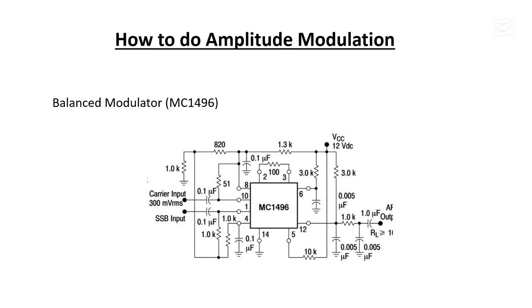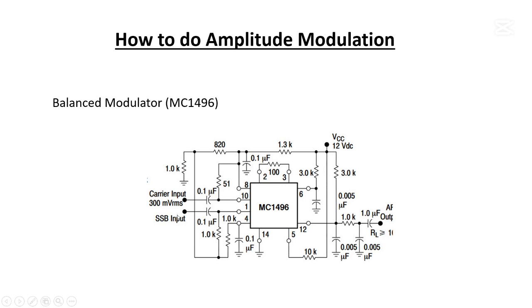So in the real world, how can you do this? The balanced modulator is actually built in ICs, and here I am going to discuss one of the ICs. Here it is, MC1496. It is an IC which actually contains the circuit of a balanced modulator.